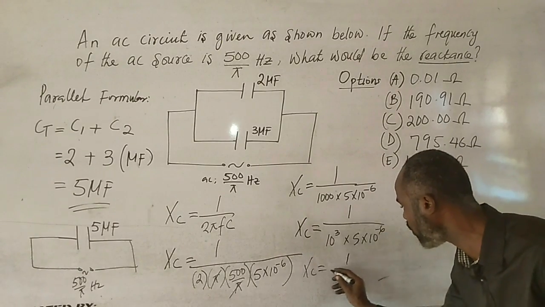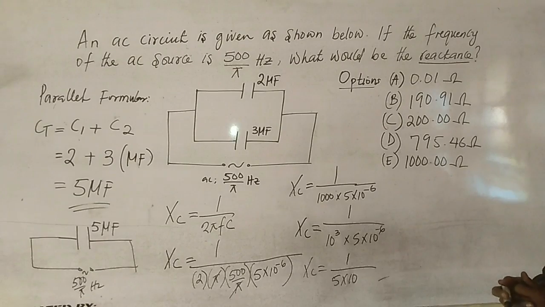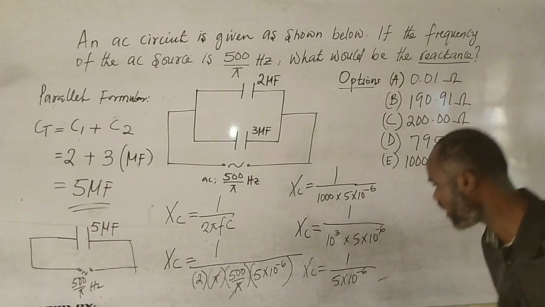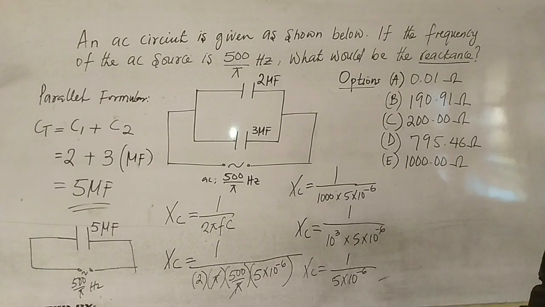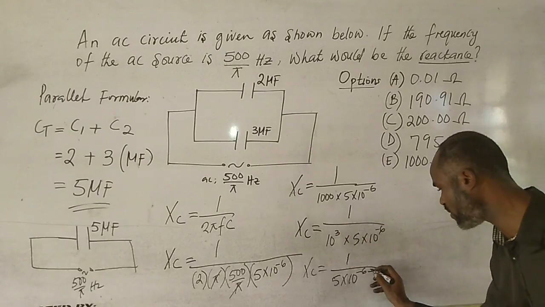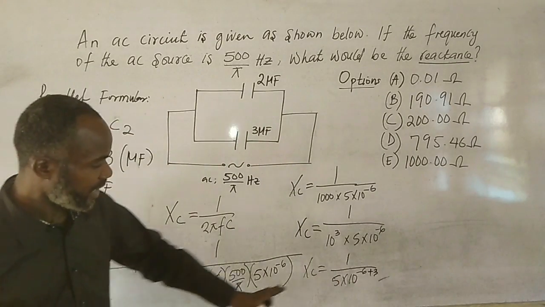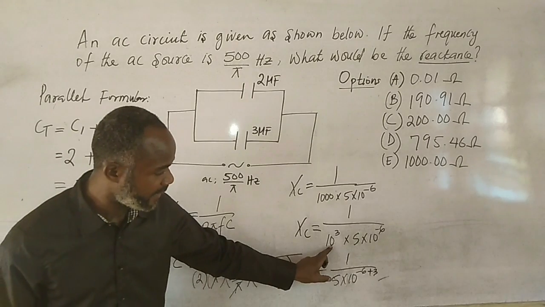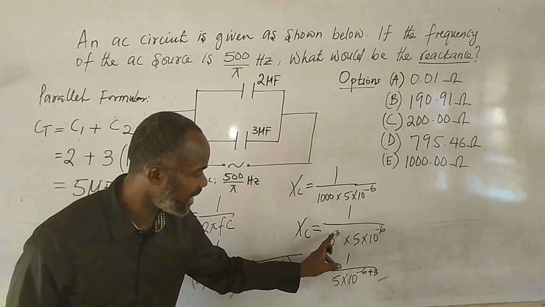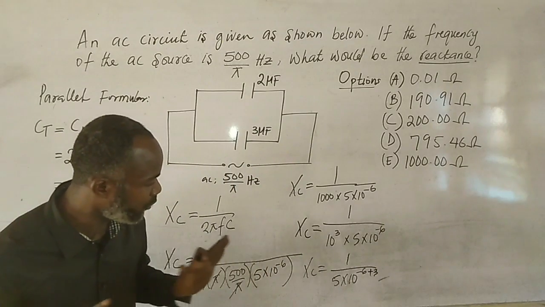If we have 1 all over, it becomes 5 times 10 with minus 6 and plus 3. I hope we're doing the right thing. This 10 is combined with this 10 as powers, but this one is positive and that one is negative, so we must be very careful not to make any mistakes.